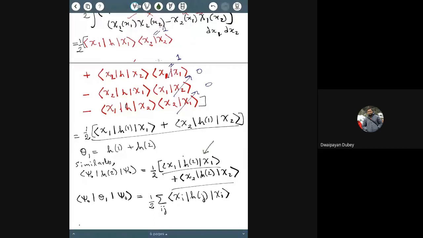In this expression, I can interchange the coordinates of 1 and 2. Can I or can I not? What do you think? Yes, because they are dummy indices.